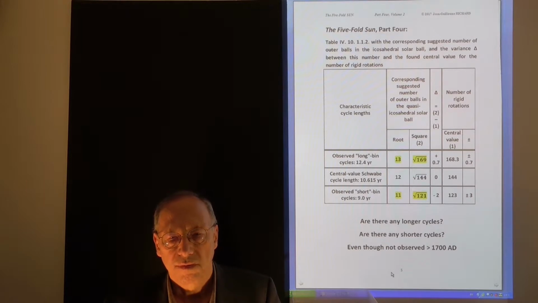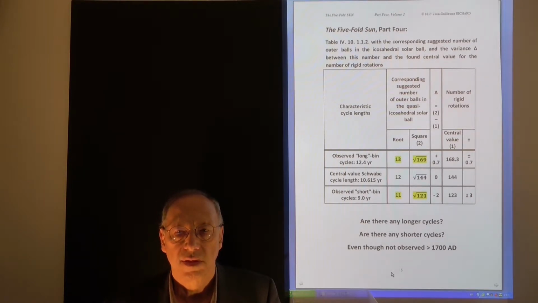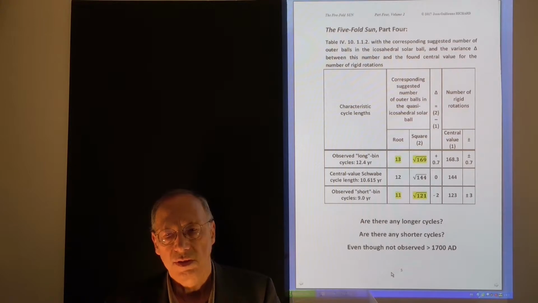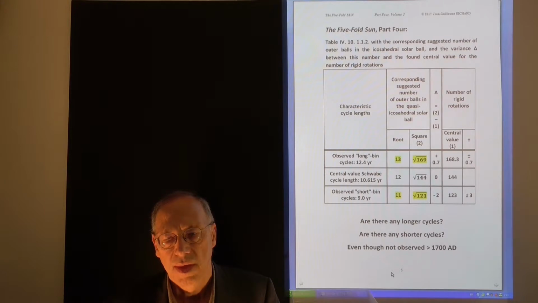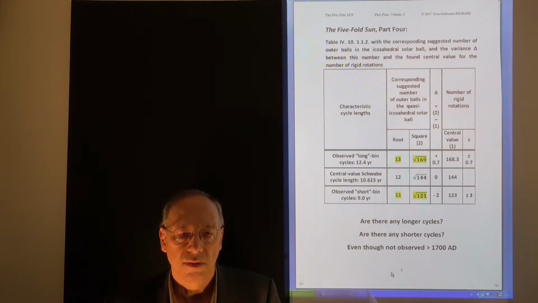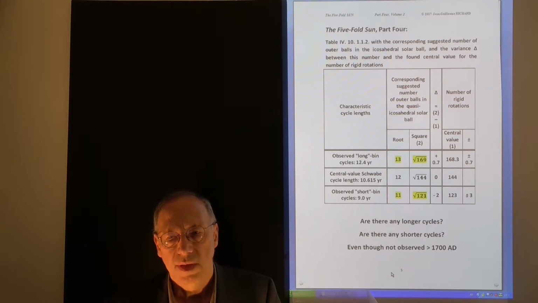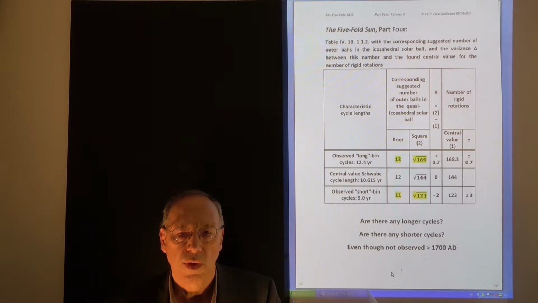In part 4 of the book, The Fivefold Sun, it was found, as reported in the previous video, that while there are 144 rigid rotations in a standard central value Schwabe cycle, for the observed long cycles in the long bin cycle range, as suggested in the previous video, the number of rigid rotations is about 169, and in the short bin it would be around 121.